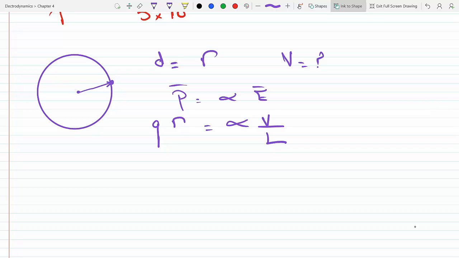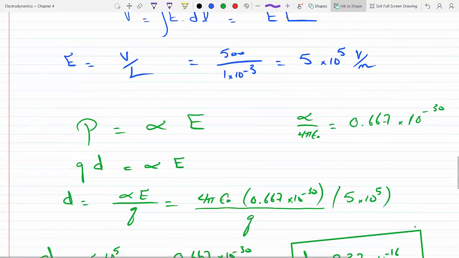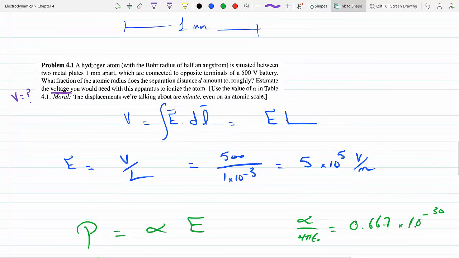And L, by the way, is the same thing I used here, which is the distance between the two metal plates.